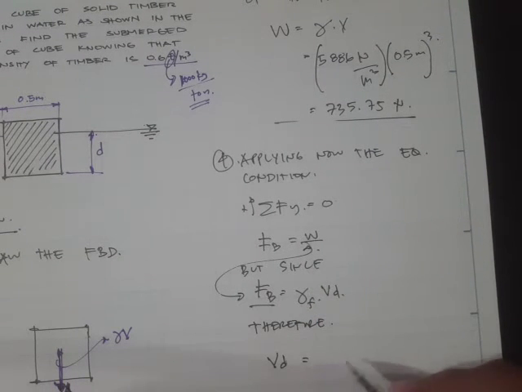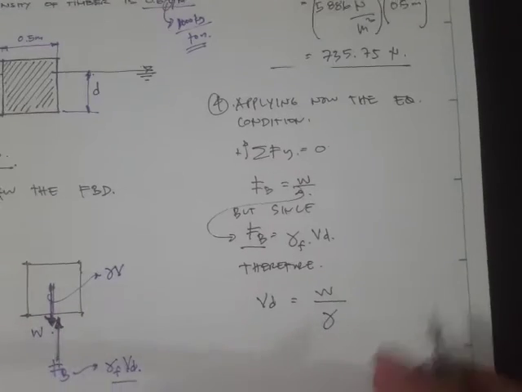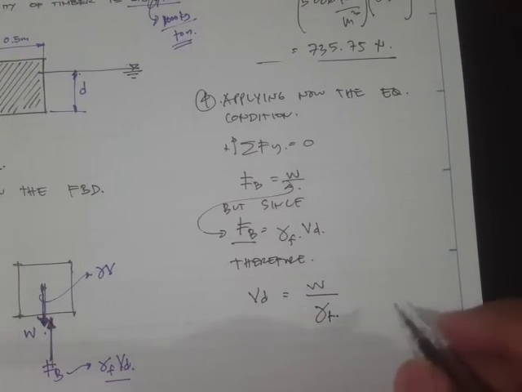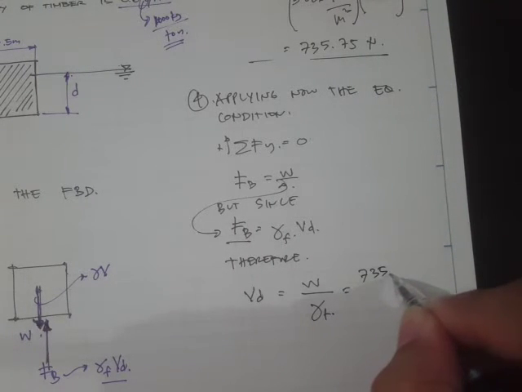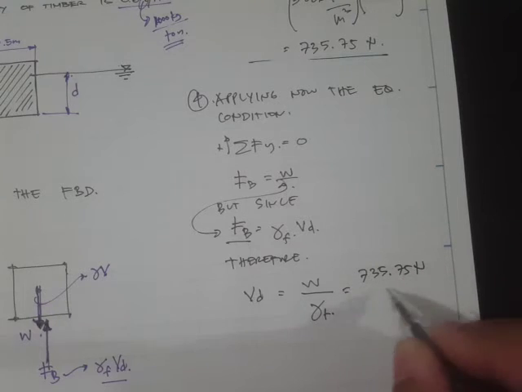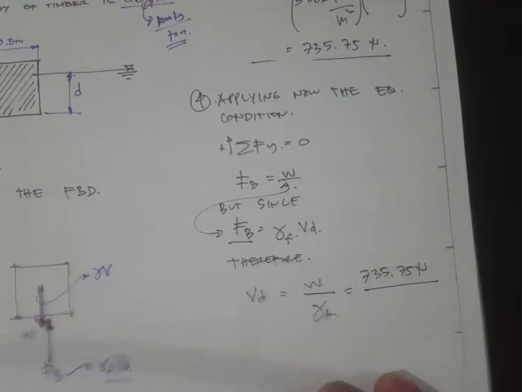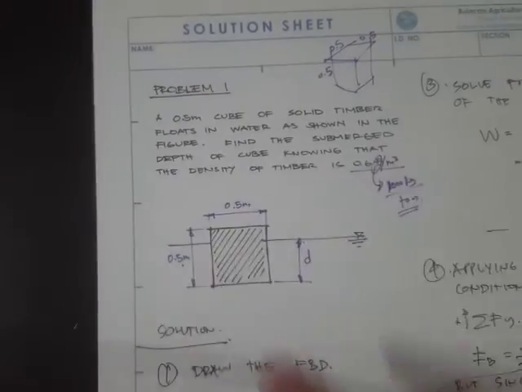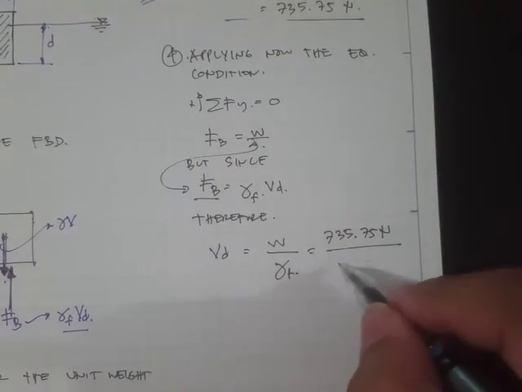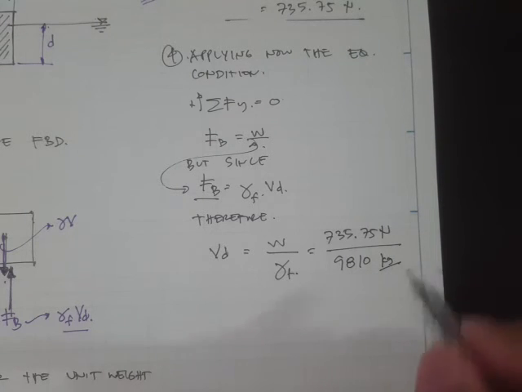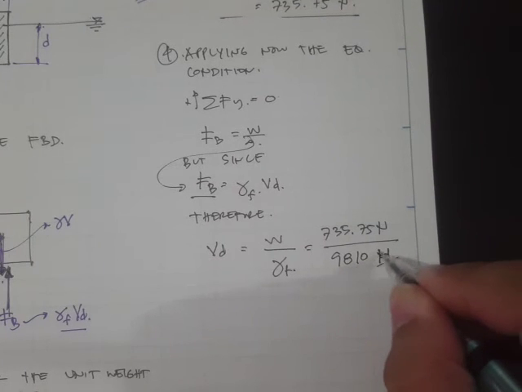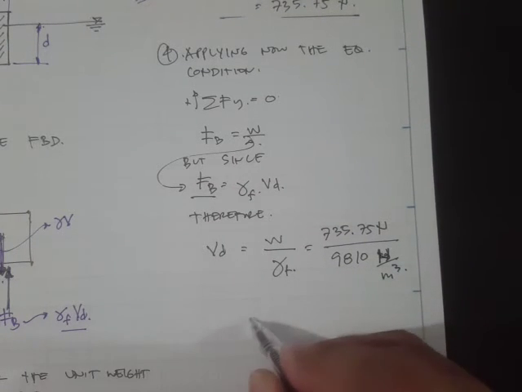our weight divided by the unit weight of the fluid. So what is our weight? That's 735.75 newtons divided by the specific weight of water, which is 9,810, oh sorry, newtons per meter cube.